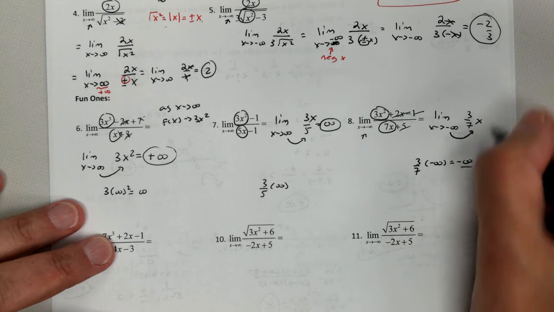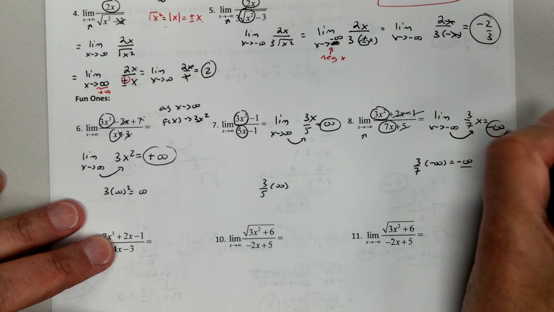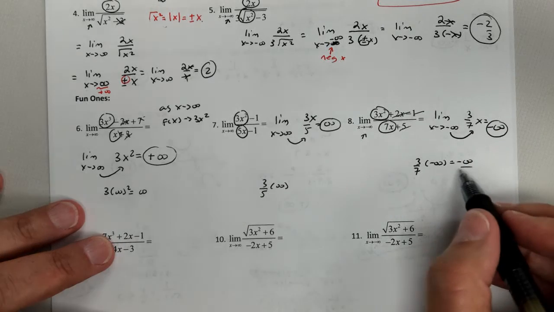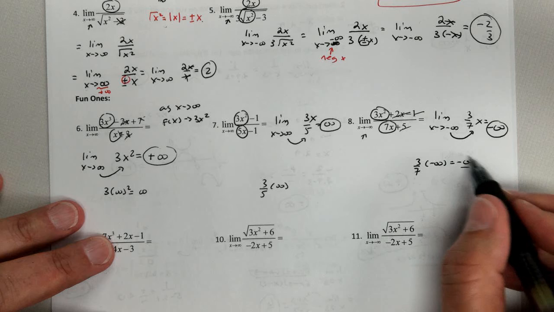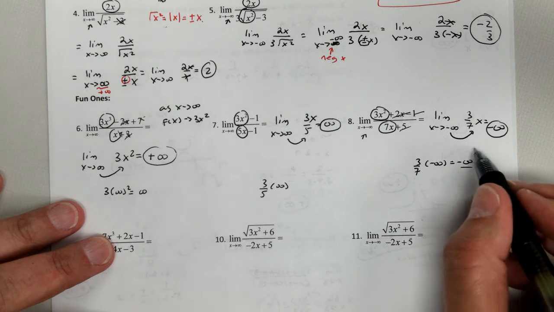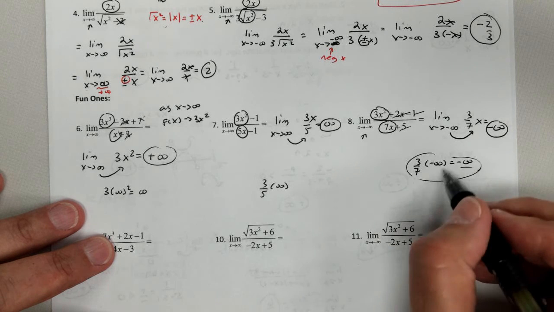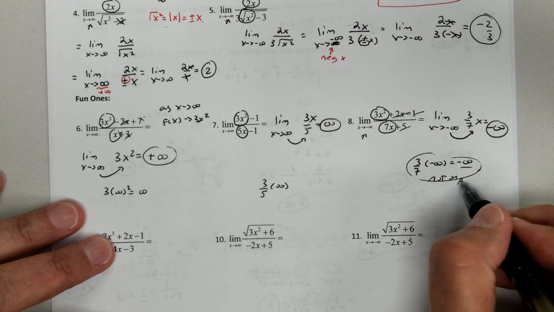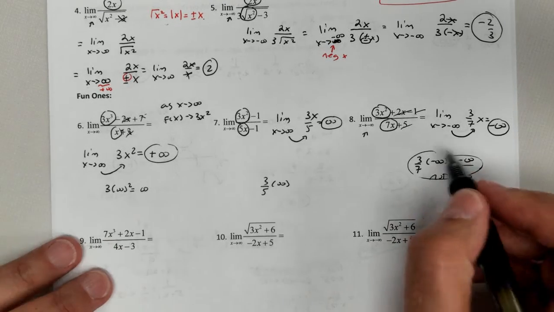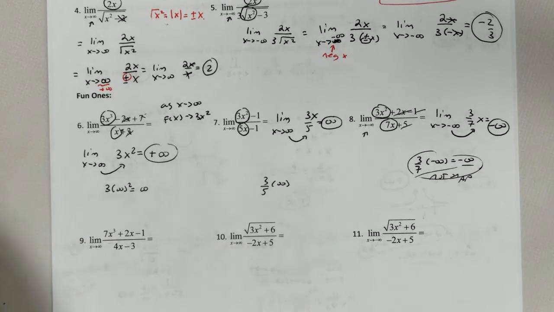That's just negative infinity. There's our answer. Notice I'm not putting the negative infinity here, right? I'm not circling that one because, not on AP, you don't like those, okay? We don't like to say we can multiply infinity by anything because you can't.